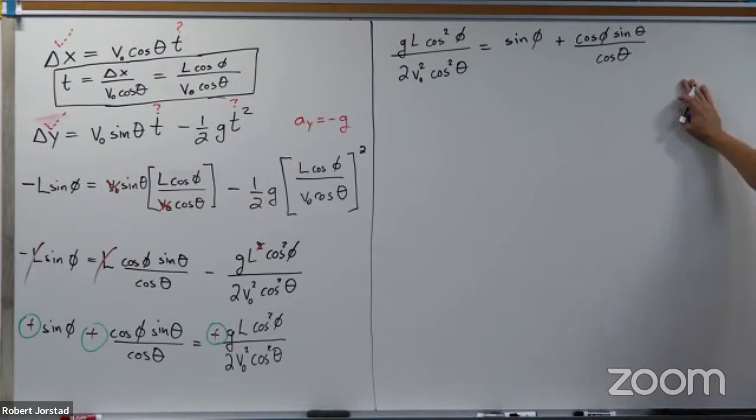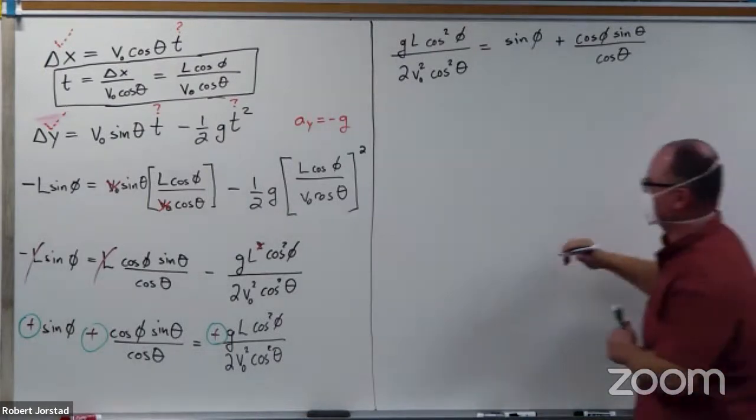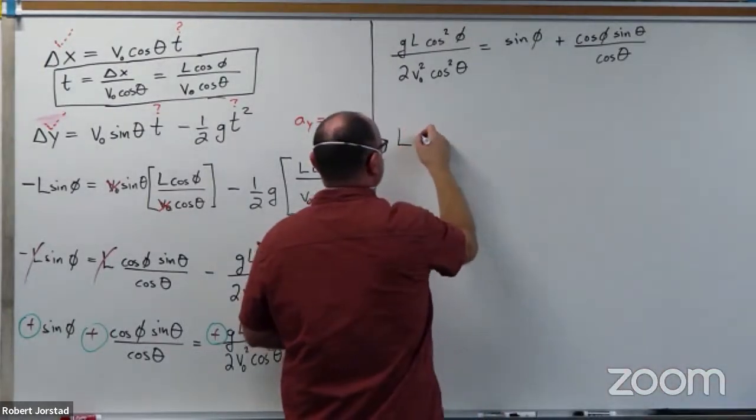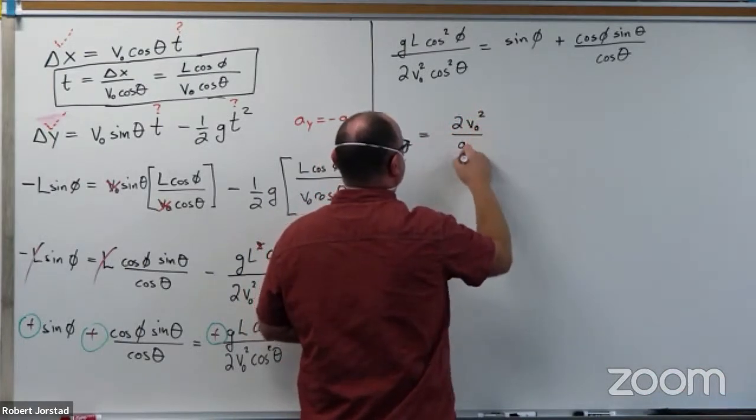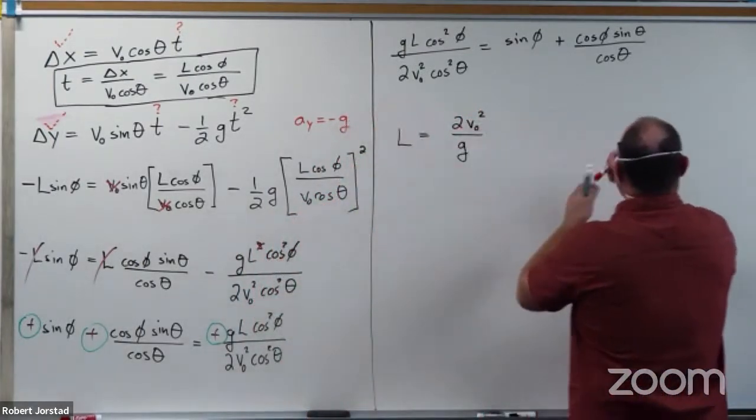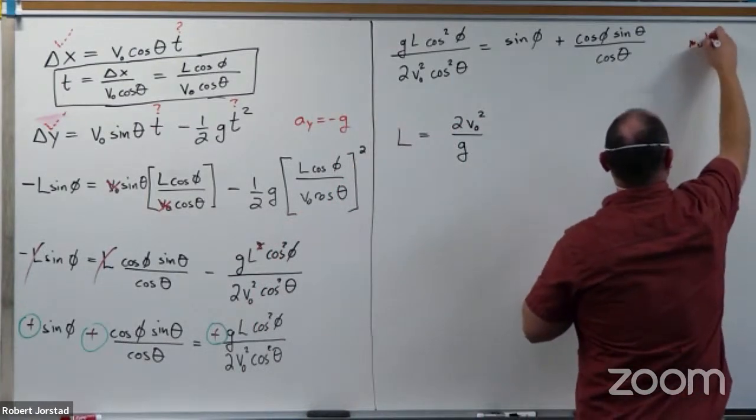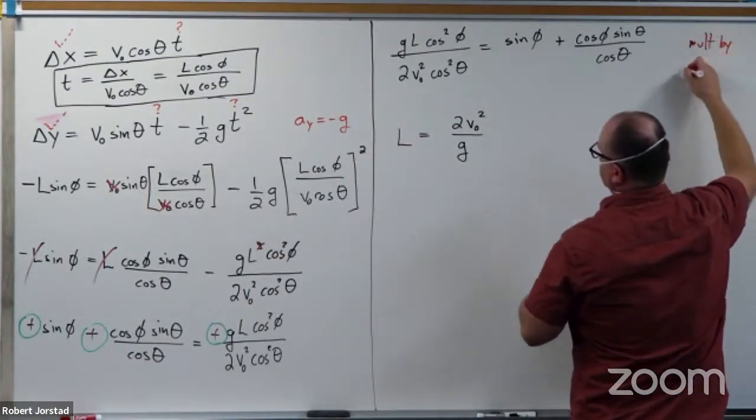Sine phi is all by itself. Cos phi sine theta over cos theta and all that other junk. So now I can solve for L. Just cross multiplying. By 2.